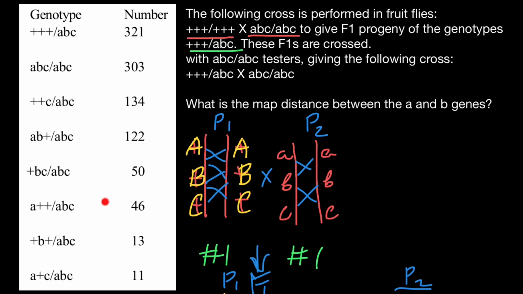At all these genotypes, now you can say where crossing over happened. We are interested only in crossing over frequency between gene A and B. Take a look. Now you can say that crossing over happened here because we have recombinant plus and BC.